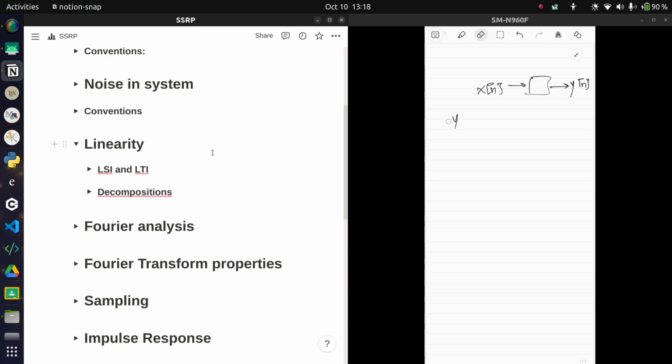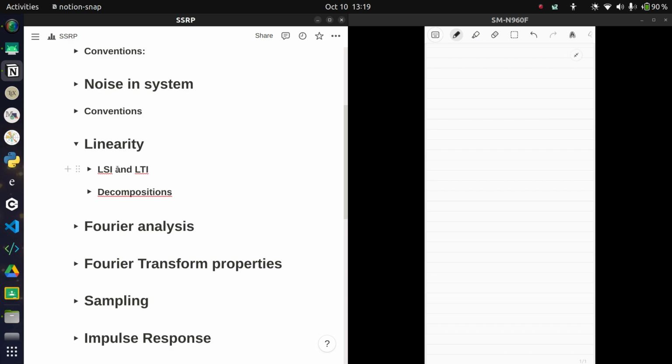Now if you input x sub n minus s into the same system, so it's just shifted, this should give you y of n minus s. That's what shift invariance means. Same thing for time as well, but you have t minus t naught or something like that. Never mind. So that's shift invariance.